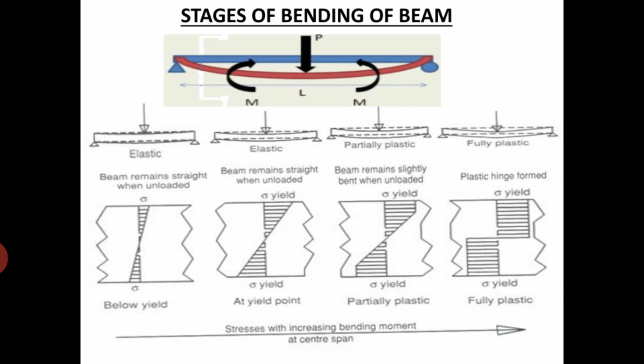Here the bending strength of a section depends on how well the section performs in bending. If you take a stocky beam, that is a thick walled beam, subjected to bending like this, you will get the stage-wise stress distribution shown in the figure.